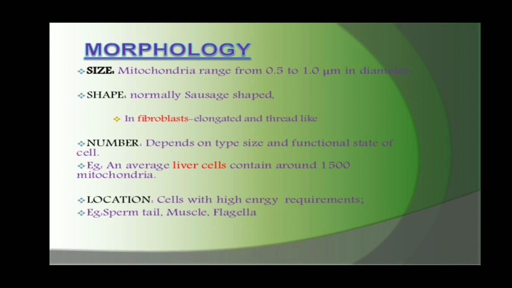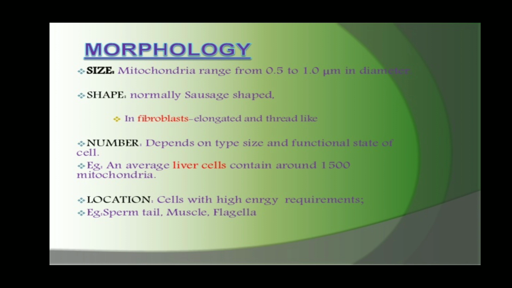The number of mitochondria depends on the type, size, and the functional state of the cells. For example, an average liver cell contains around 1500 mitochondria, right? Because the liver is a very important gland present in animals.